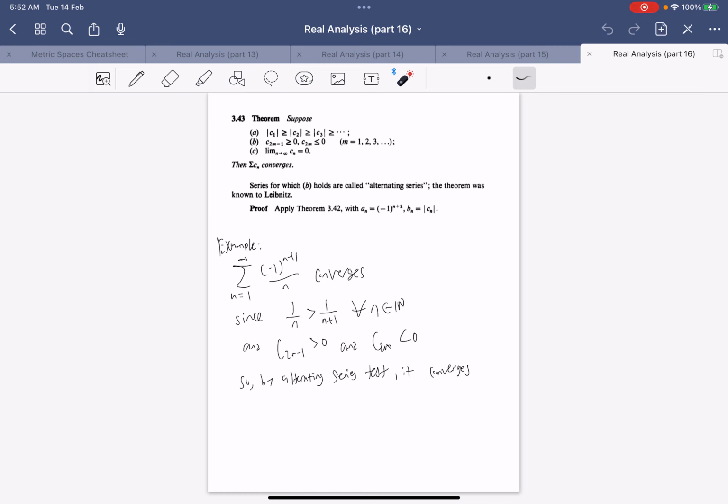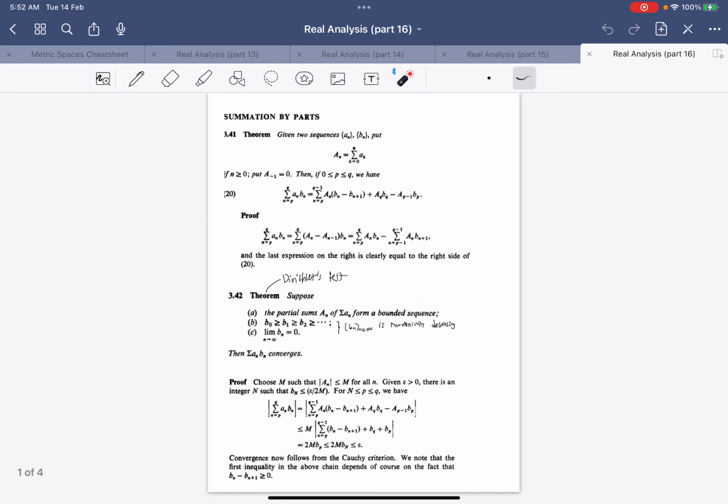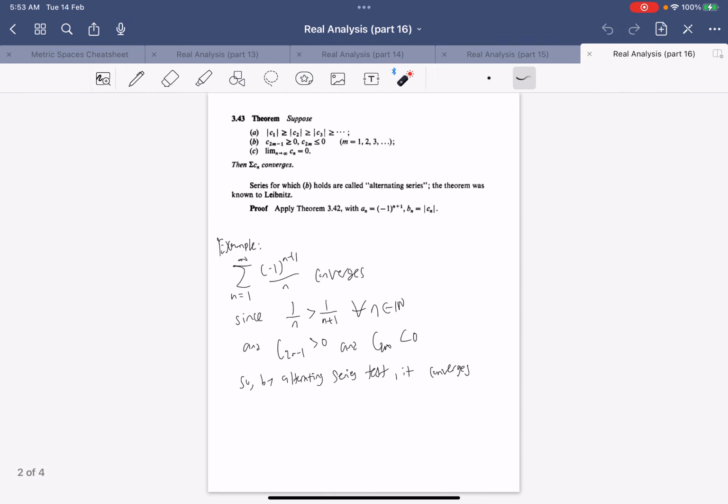And this is known as the Leibniz alternating series test, and really you're just applying the Dirichlet test to these two following series and you're done.